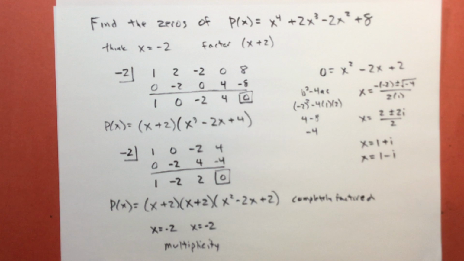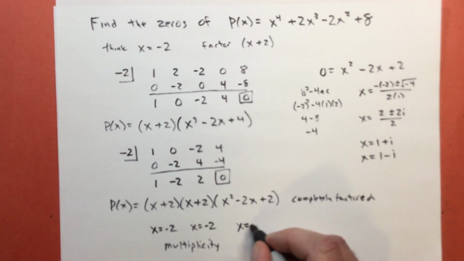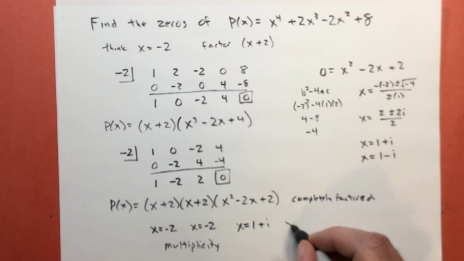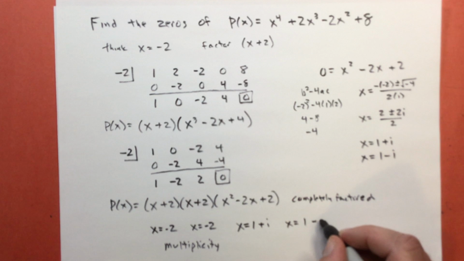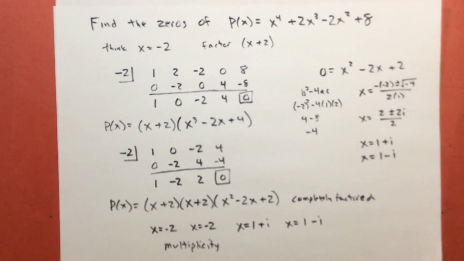So here are my zeros. x equals negative 2, x equals negative 2 again, x equals 1 plus i, and x equals 1 subtract i. The last thing is, how many zeros did I get? 1, 2, 3, 4. This gives me 4 zeros. All right, we'll see you in the next video.